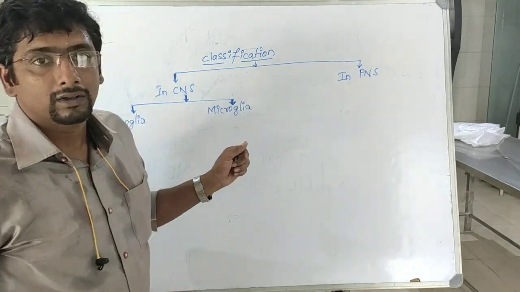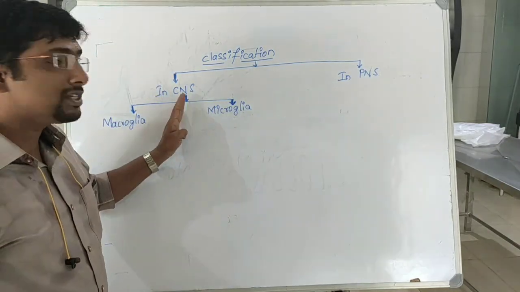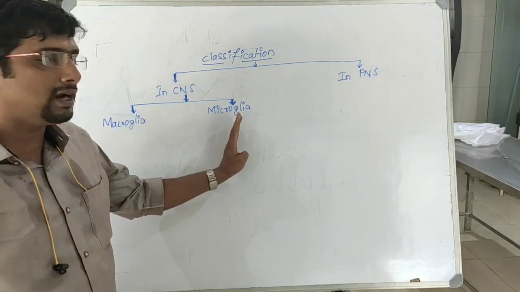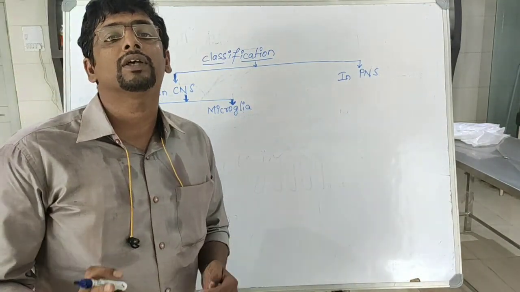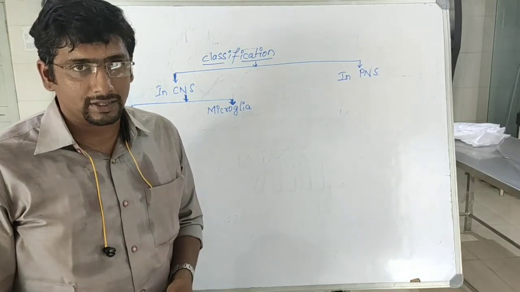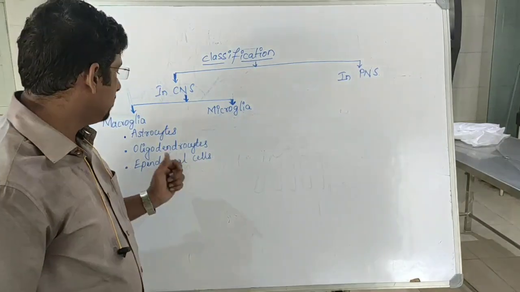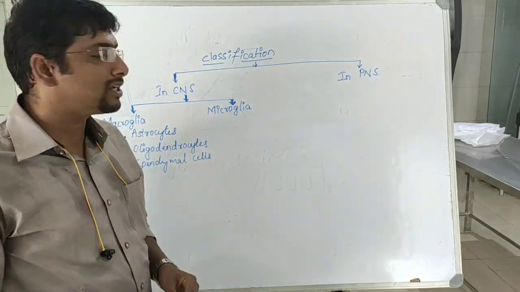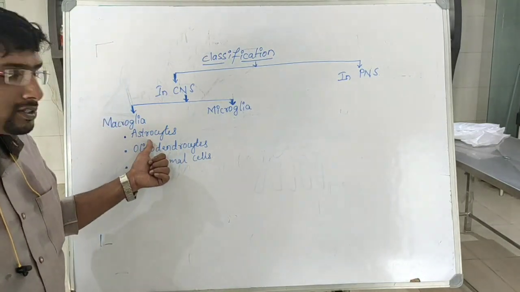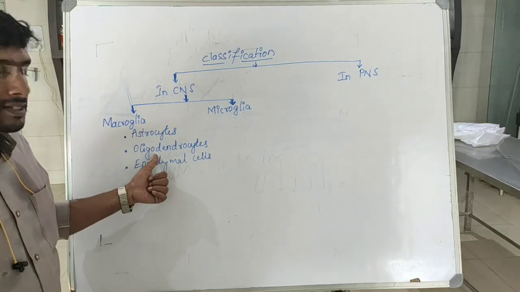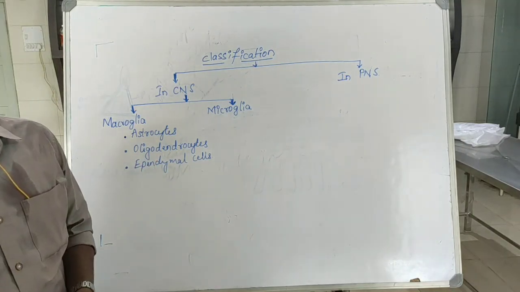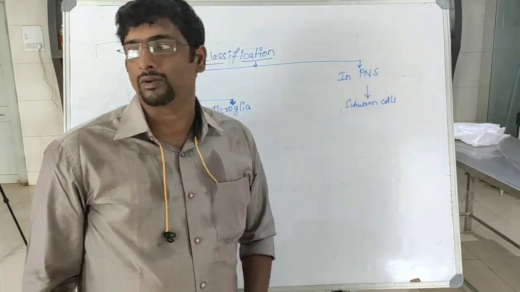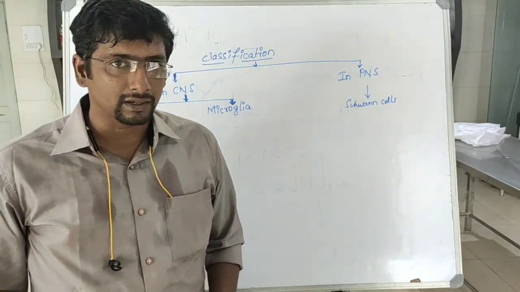The neuroglia cells in the CNS we divide again into macroglia and microglia according to their visibility and size. In macroglia we have three kinds of neuroglial cells: astrocytes, oligodendrocytes and ependymal cells. Schwann cells are the neuroglia in the peripheral nervous system.